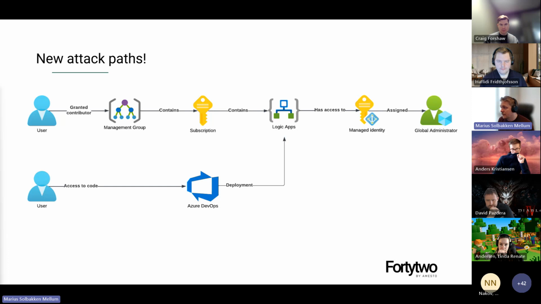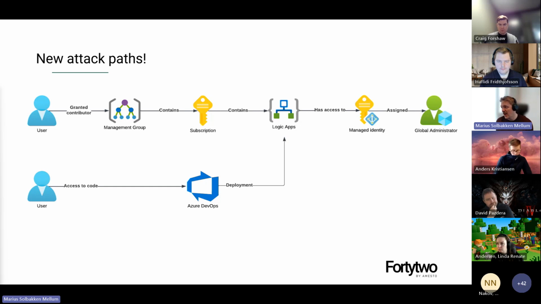That means that everything that has to do with delegated access through management groups or subscriptions or resource groups or directly on the resource is a new path that you need to monitor, especially when you have different identities that are assigned things like global admin or other privileges.